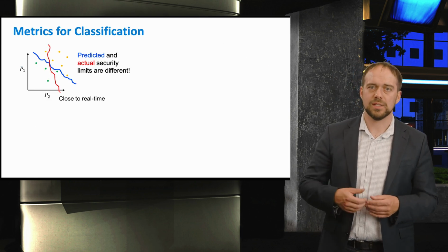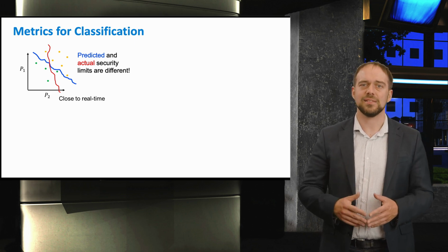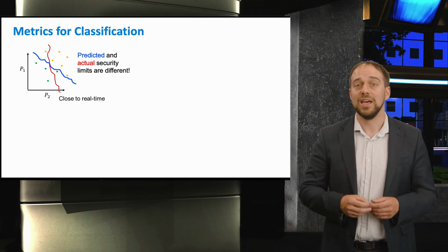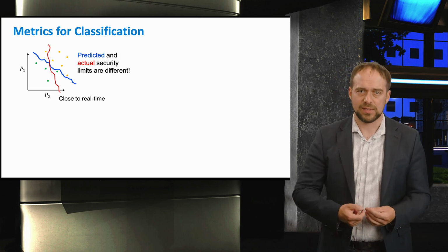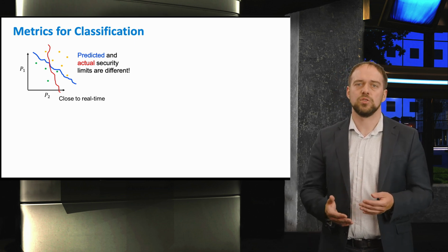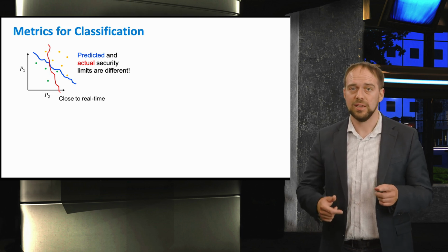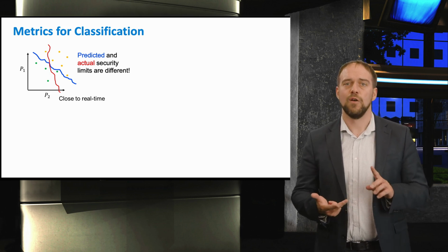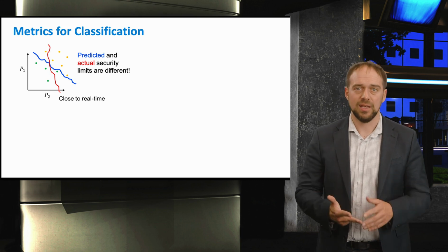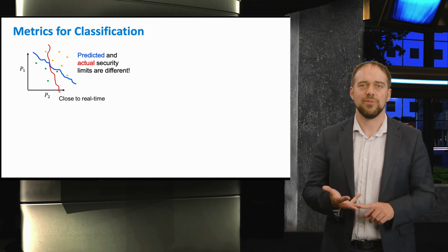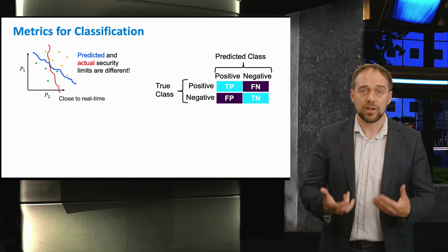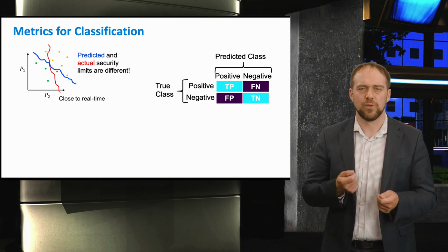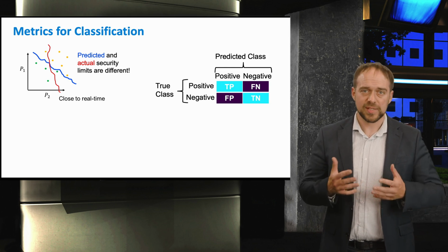Now we introduce the key performance indicators that allow us to quantify how well a classifier works. The confusion matrix on this slide divides outcomes into true positives, TP, false negatives, FN, false positives, FP, and true negatives, TN. Using these, we define the accuracy, which is the fraction of correct predictions, and the precision.